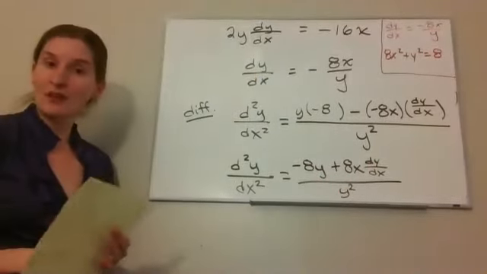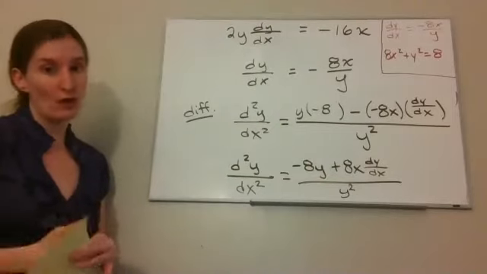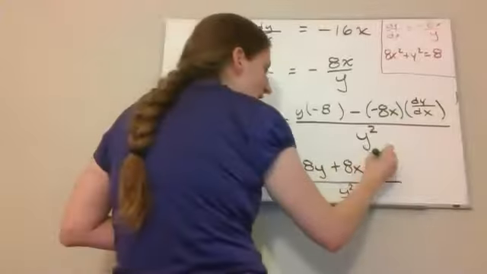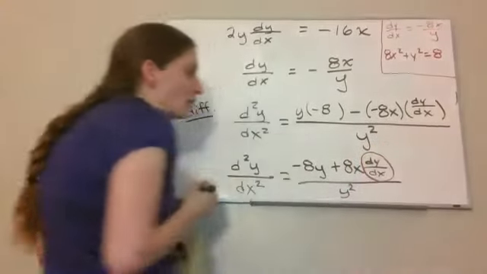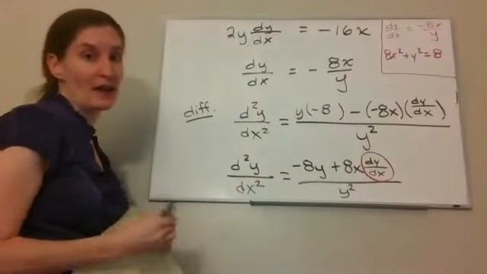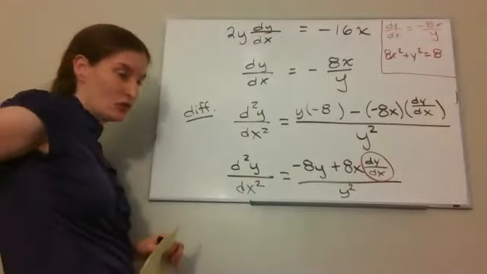Now, we can simplify this because we know what dy dx is. So this dy dx right here, I can replace that with negative 8x over y, exactly what dy dx is equal to.